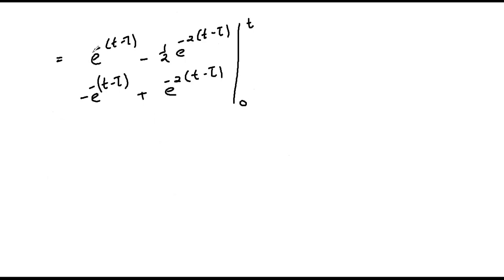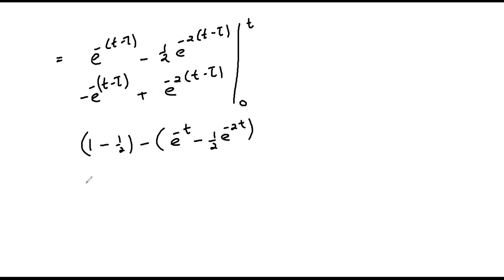So for the first one, when tau is t, the whole of this will be 1, minus a half, minus. Then when tau is 0, we'll have exponential minus t minus a half exponential minus 2t.